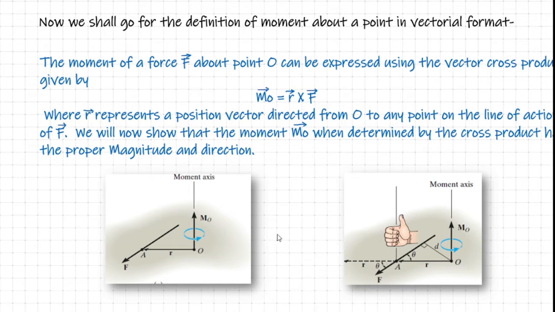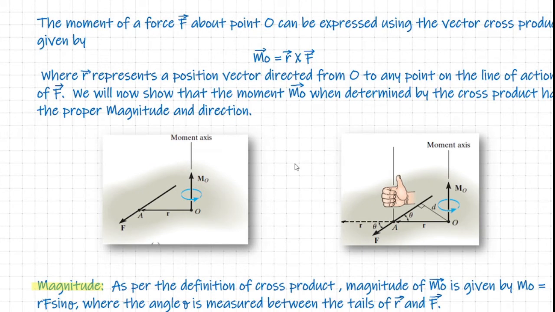Let us first focus on the magnitude of vector MO, which is nothing but the moment of the force F about the point O. Let us see that the magnitude obtained by this expression matches the formula we had already derived during our scalar format discussion.